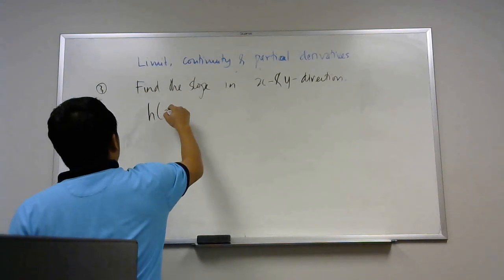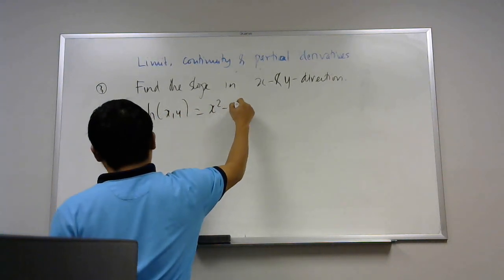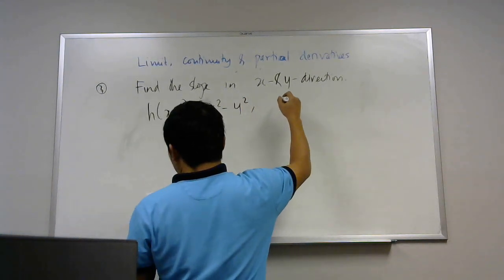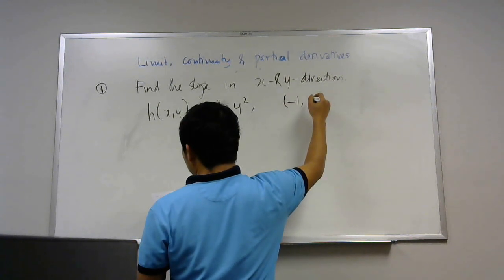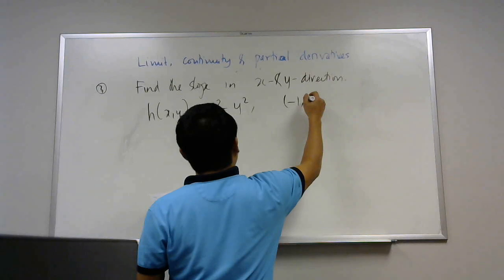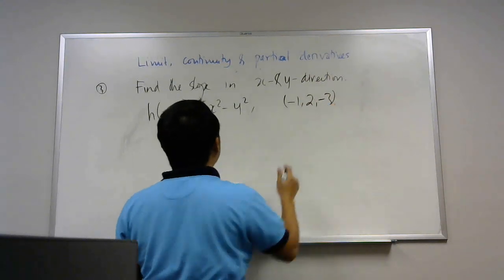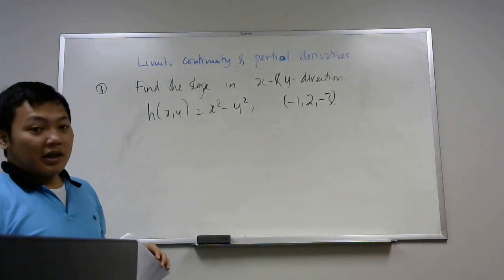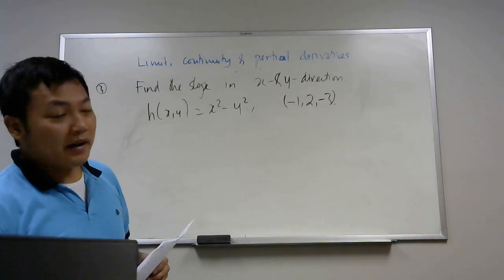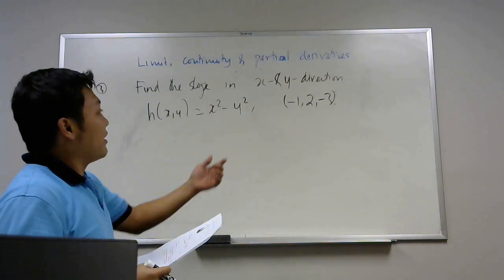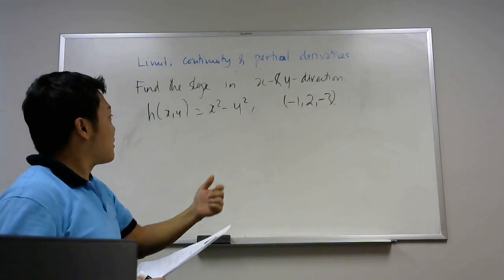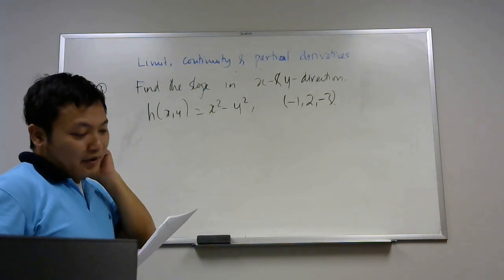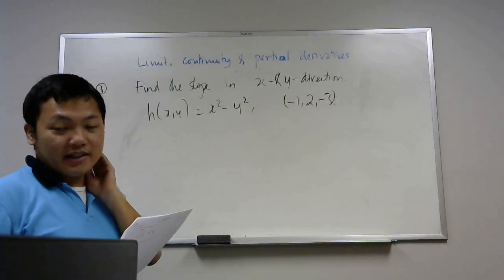So h of x and y equal to x squared minus y squared, and then the point is (-1, 2, -3). It's strange, right? That means in this we don't have z, but we consider this a function of 3 variables. But what is the slope of the surface in the x and y direction?